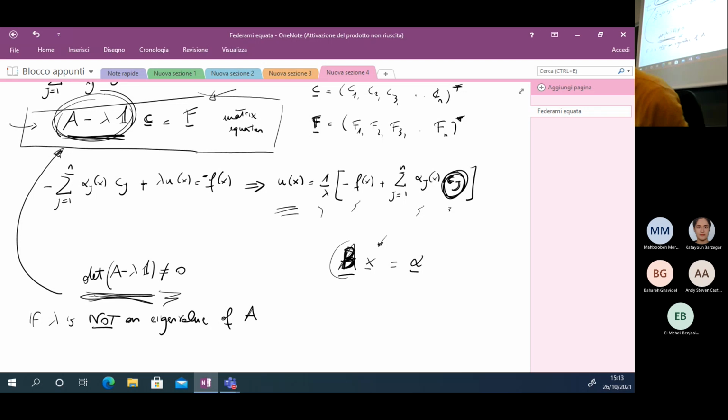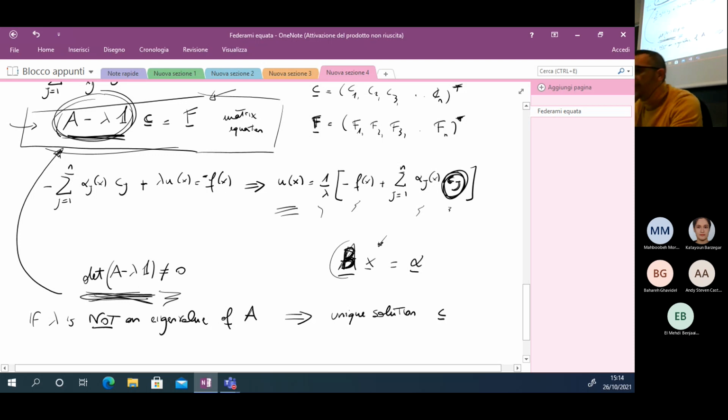then this determinant is different from 0. If the determinant is different from 0, then this equation has a unique solution. It means that you have a unique solution for these numbers c i.